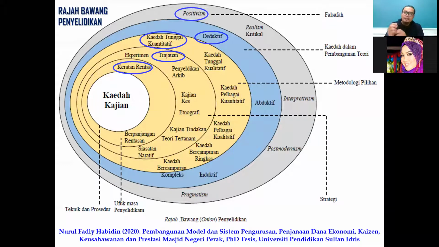That's why some supervisors or panels know that this researcher cannot differentiate between quantitative and qualitative. So next week we cover that specifically to make sure everyone is clear, and then you can decide, okay, in this case my study is both. We call that mixed method. So this part we can cover in the following weeks. Okay, any questions?